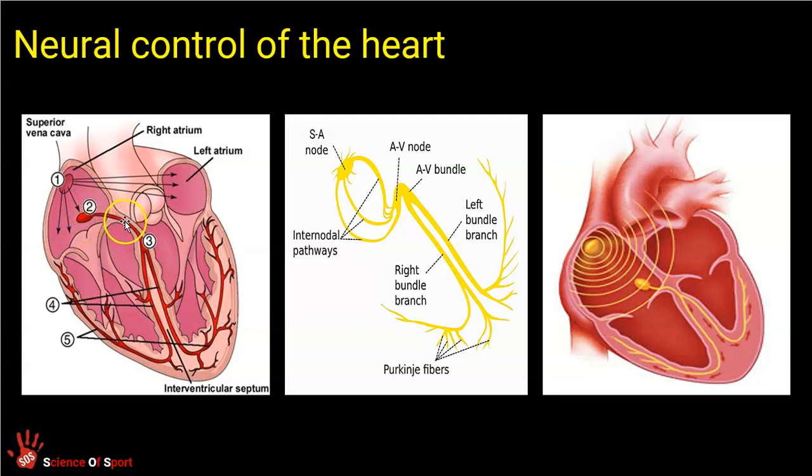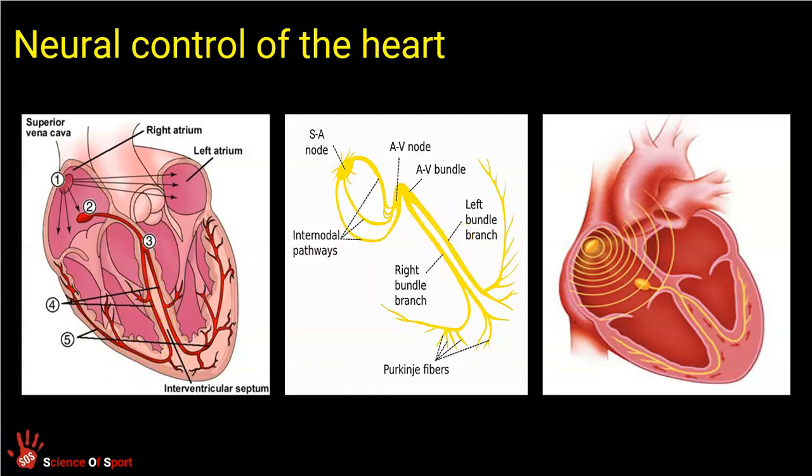Then we've got this single route going down the middle, going down the septum. This is called the bundle of His, H-I-S, the bundle of His. And it eventually divides to go into the left side of the heart and into the right side of the heart. Those are known as bundle branches.